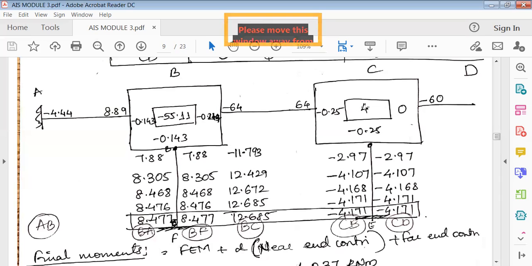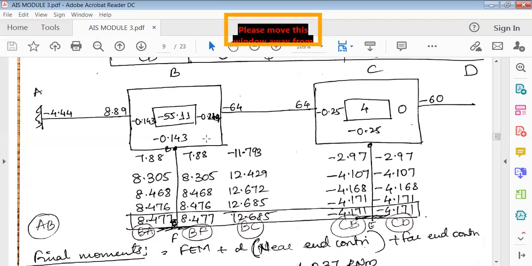So it is 4. Okay, this is the fixed end moment. Final. So 4, okay, plus the previously existing in the beam. Okay, so previously existing here is you have to take this. Okay, that is 7.88.